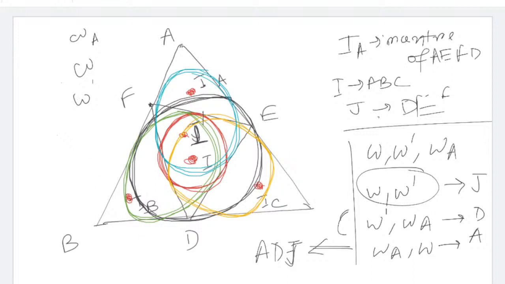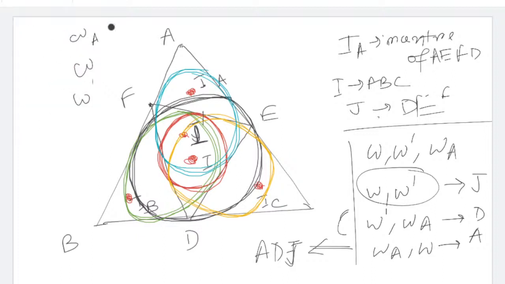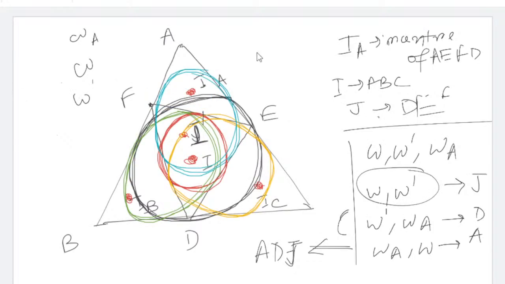We can just say AD, BE, CF concur. That's a good start. I did something horrible, I cleared page 12. Wait, I think I can undo it. Never mind, that had the diagram.